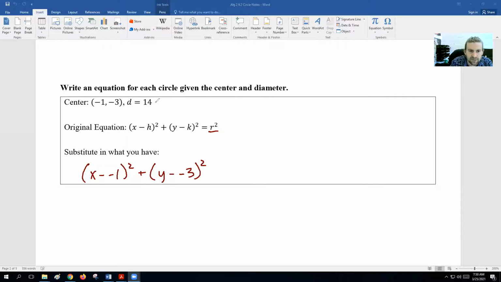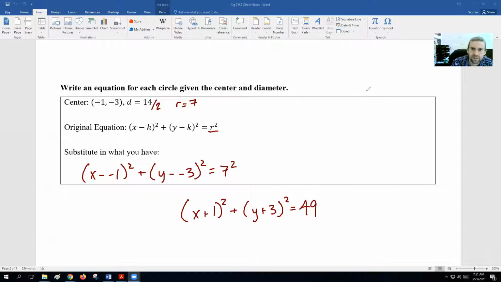If the diameter is 14, if we cut that in half, the radius would be 7 squared. So all we got to do to get our answer is just simplify that. That'd be x plus 1 squared plus y plus 3 squared equals 7 squared, which is 49. All right, not too bad.